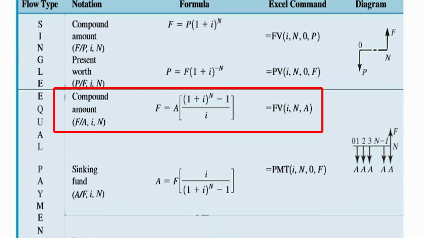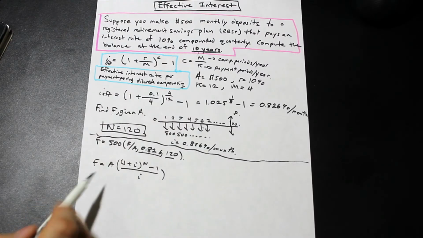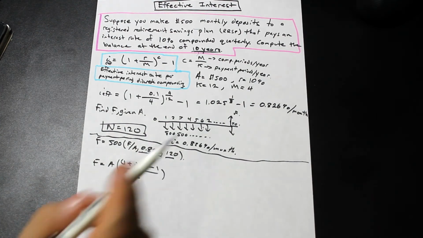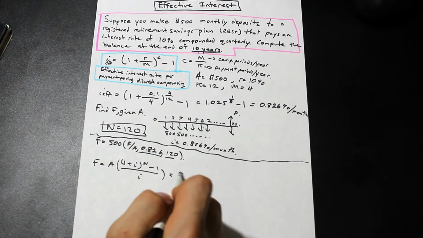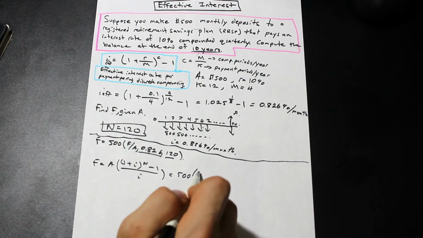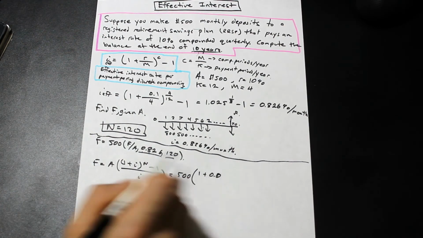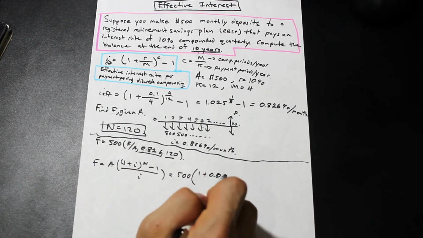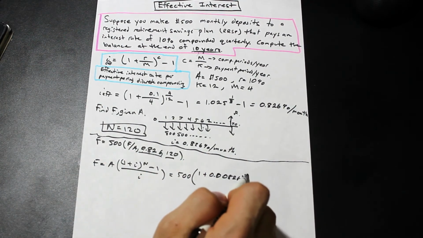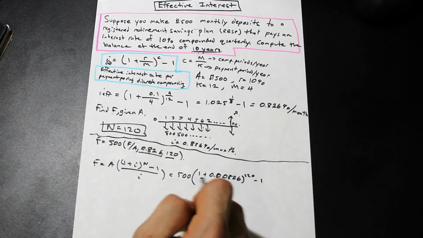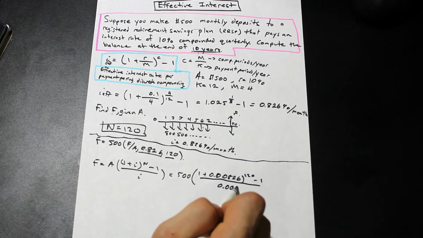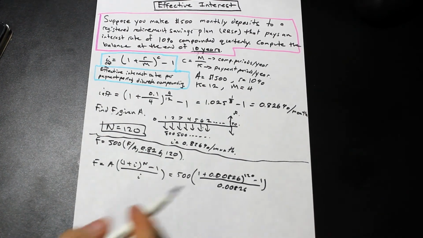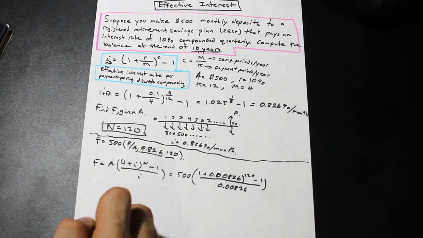We have A times 1 plus i to the n minus 1 divided by i, so let's fill in these values. And remember, don't use 0.826; we have to divide that by 100. It's to the power of 120 minus 1 over 0.00826. And all we need to do is plug this into our calculator.